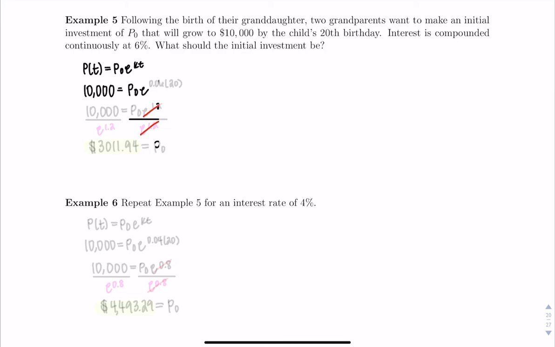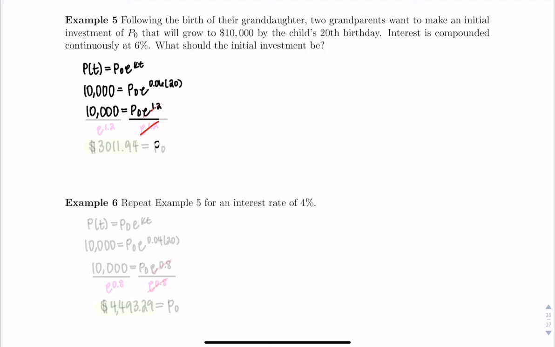We know that the interest is 6%, so K is 0.06 and T is 20, because they want it to wait till their 20th birthday. And so we have 10,000 equals P naught e to the 0.06 times 20, which is 1.2.